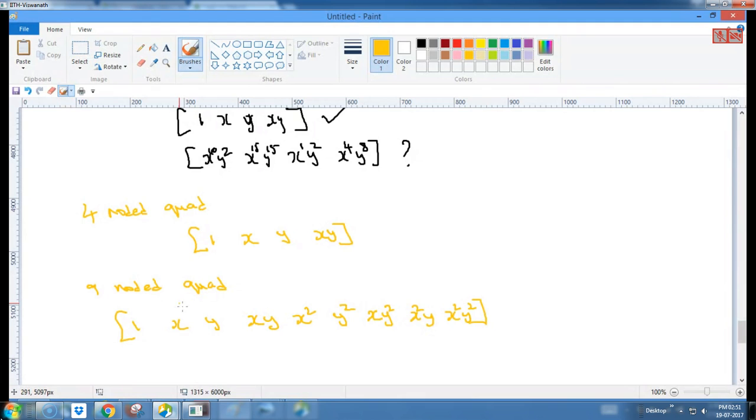You can see 1, 2, 3, 4 here, and 1, 2, 3, 4, 5, 6, 7, 8, and 9.